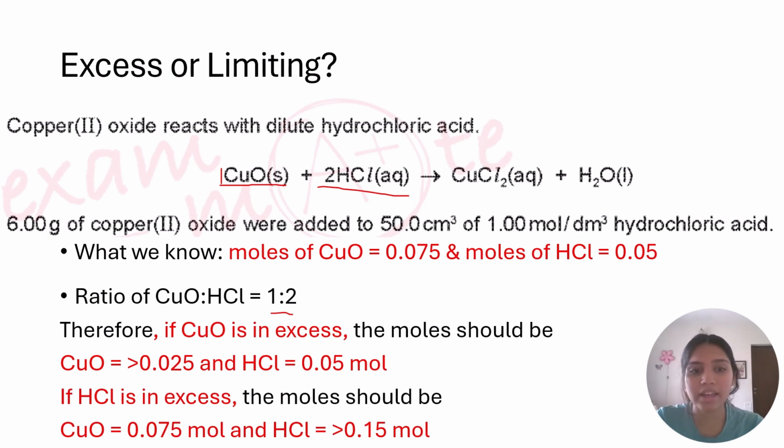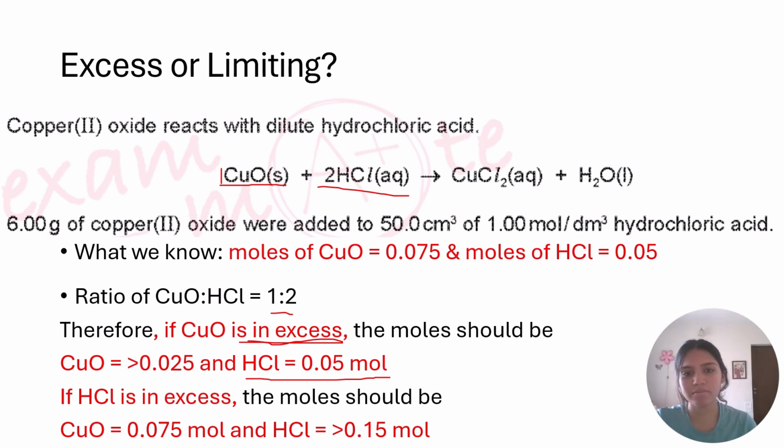Now we're going to look at hypothetical scenarios. If copper oxide was in excess, HCl would be as it was, that is 0.05 moles. But that means the moles of copper oxide present would have to be more than 0.025.